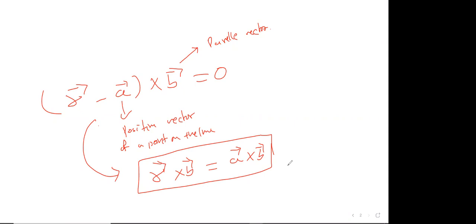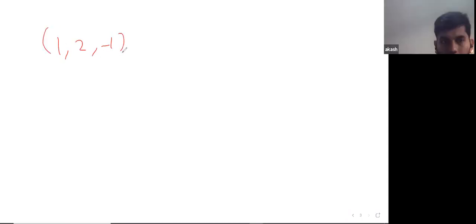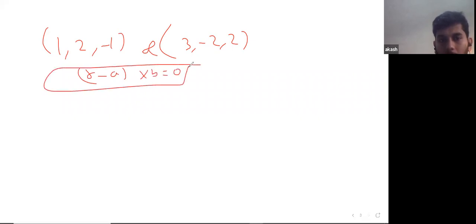Suppose they've given you a question like this: find the vector equation of the line through the points 1, 2, -1 and 3, -2, 2, in the form of R minus A cross B. They are asking for the vector equation of the line passing through these two points.